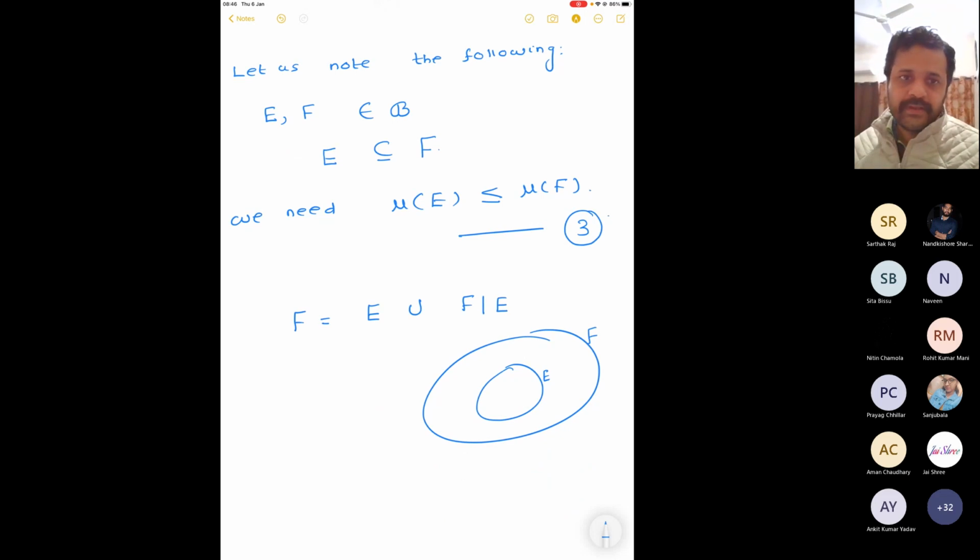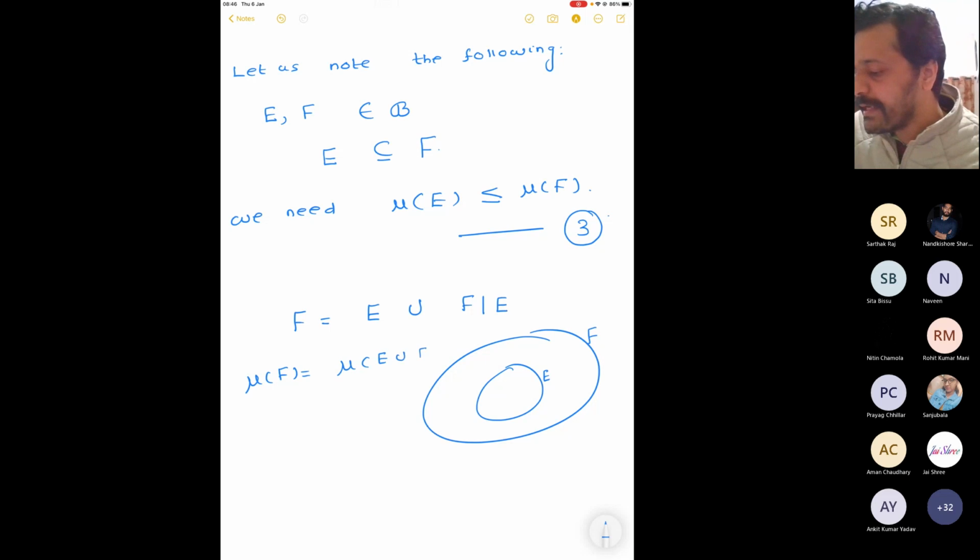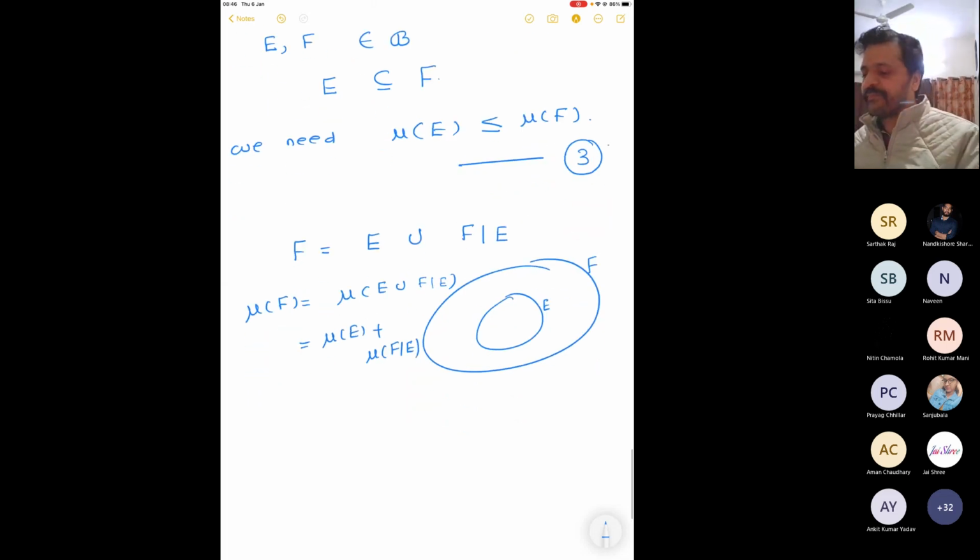And you already imposed that the measure of a disjoint union should be the sum of the individual measures. That is the first condition: whole is equal to sum of the parts. So mu of F should be equal to mu of E union F minus E, which is equal to mu of E plus mu of F minus E. Are you with me?